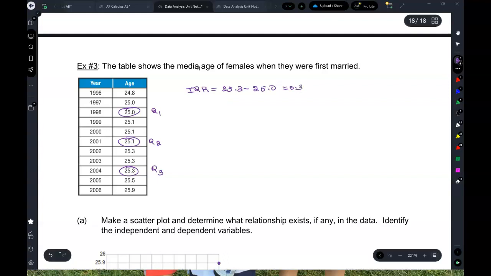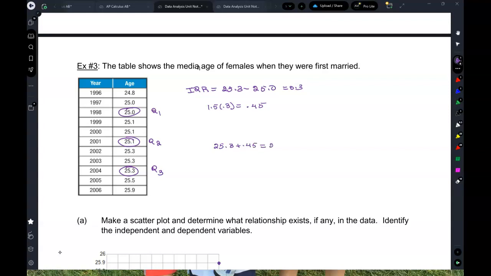And then if I do 1.5 times 0.3, how much is that? 0.45. So 25.3 plus 0.45, how much is that? 25.75, is that right? Yes?